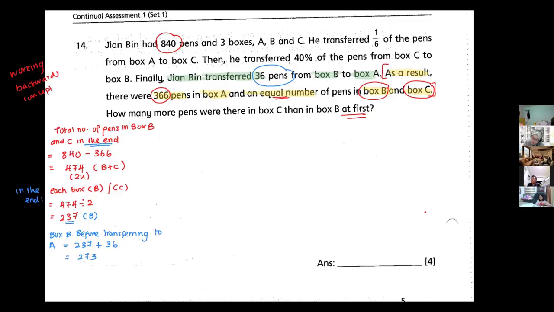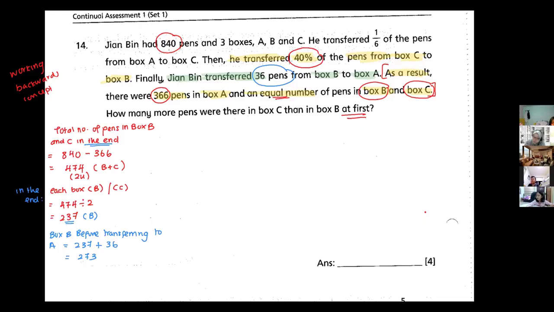Then he transferred 40% of the pens from box C to box B again. So now we're still working with box B, but now from C to B. What do we do now? We go one step backwards again. They say that he transfers 40%.